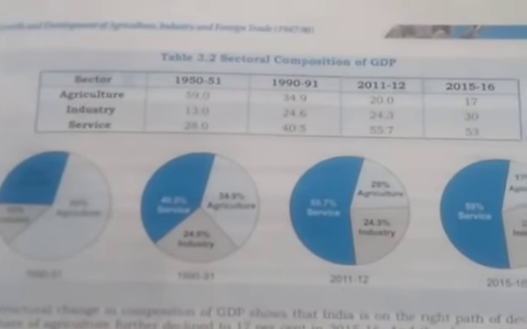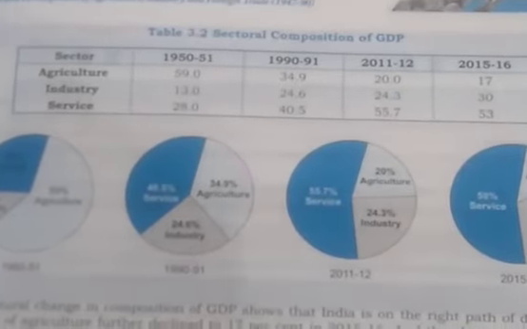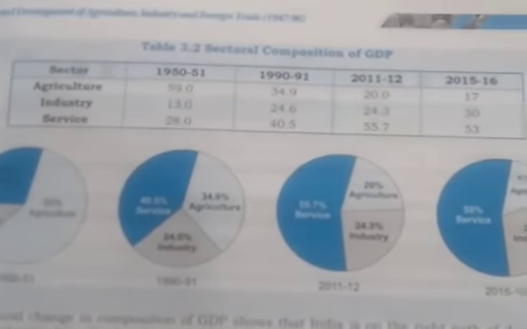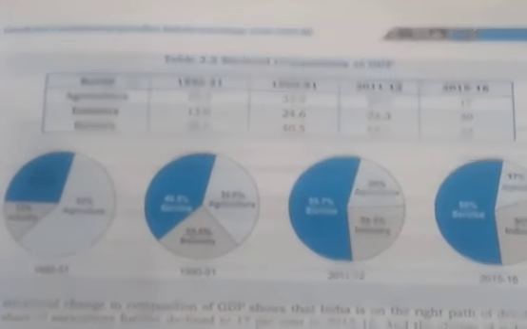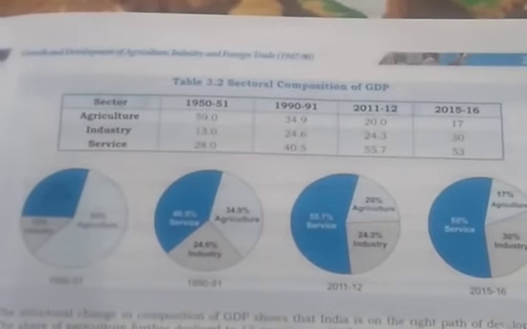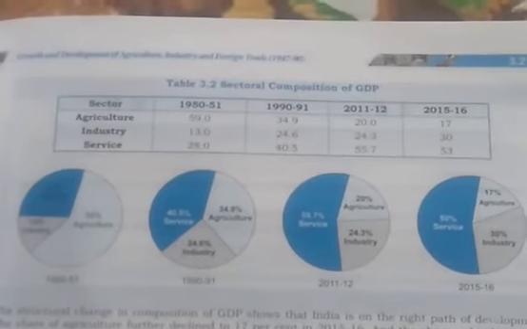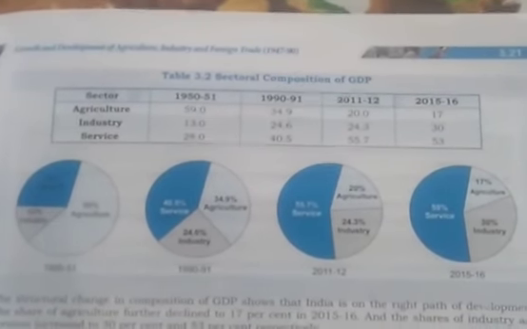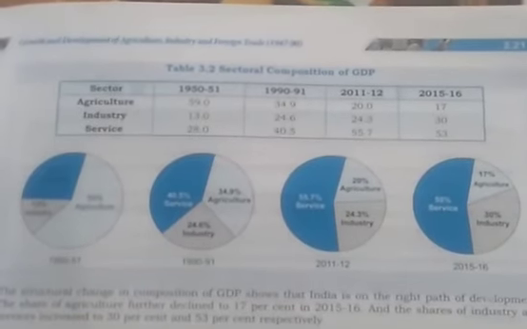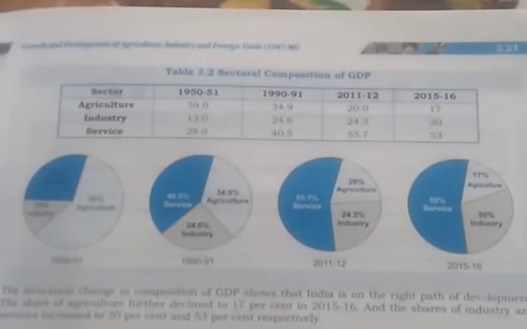In a nutshell, the sectoral composition of GDP, if you look at it, in 1950-51, the agriculture sector was dominating, followed by the service sector, and then the industrial sector.